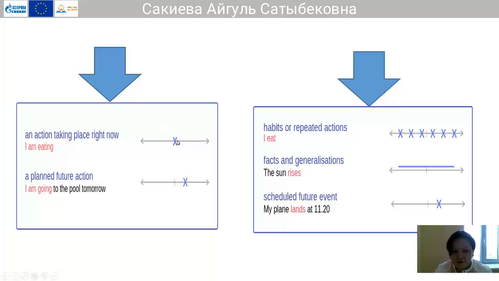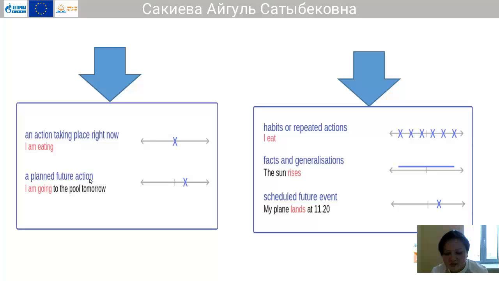They are still in progress. And we also use the actions which are planned for future, something which we have already planned. What tense do we usually use for these types of actions?